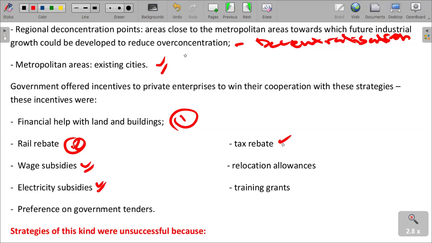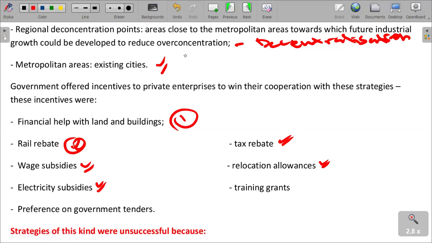Tax rebates, where industries are exempted from paying taxes because of certain operational excellence. Relocation allowances, where industries are given support if they are to relocate, and then training grants.